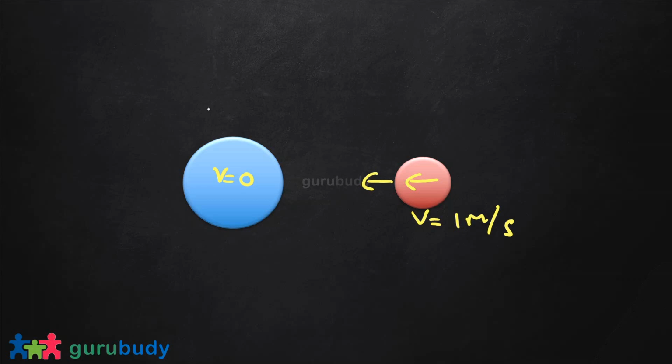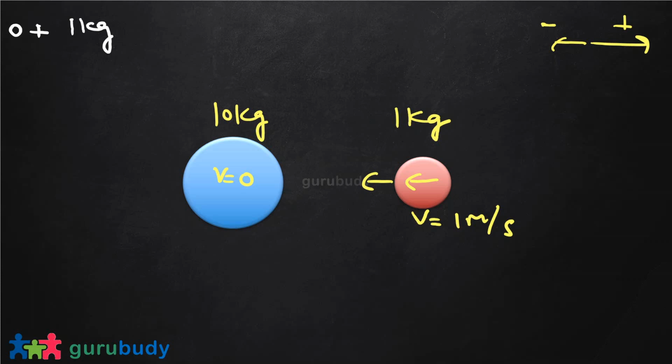The mass of this object is 10 kilograms and this is 1 kilogram, and I'm saying this is the positive direction and this is the negative direction. So what is the initial momentum? The initial momentum of this object is 0 because velocity is 0. The initial momentum of this object is 1 kilogram times velocity, which is minus 1 meter per second, since the velocity is in the negative direction.